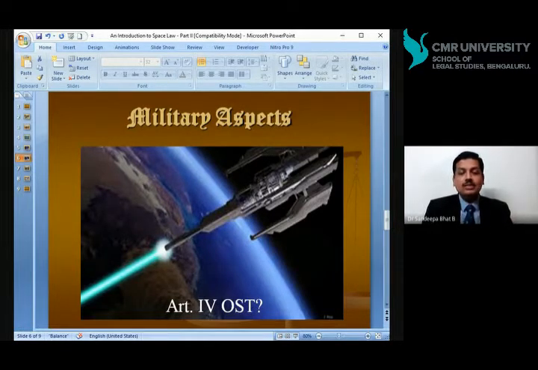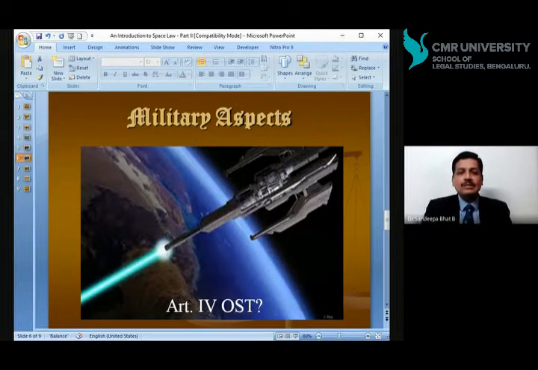Unfortunately, this only speaks about nuclear weapons or other weapons of mass destruction. There is no clear-cut prohibition on conventional weapons in outer space. Moreover, it speaks only about placing or orbiting of such weapons. It does not impose a prohibition on testing of weapons in outer space. That is again another limitation of the first paragraph of Article 4.